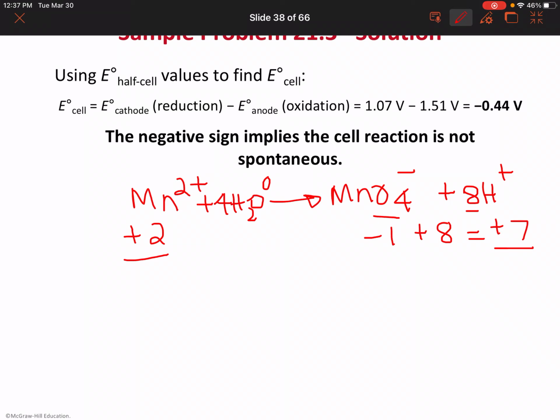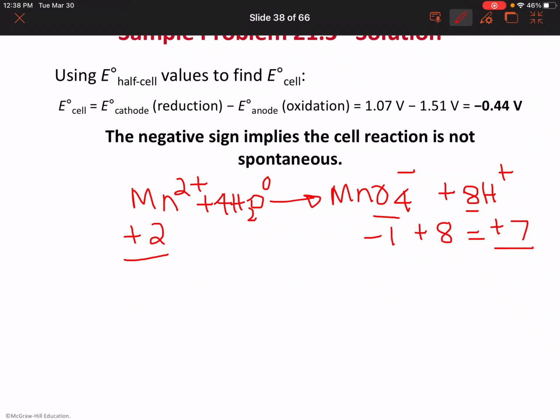The oxidation number increases. If it increases, is it oxidation or reduction? If the number increases, it's an oxidation. Oxidation means loss of electrons. So to go from plus 2 to plus 7, how many electrons need to be lost?